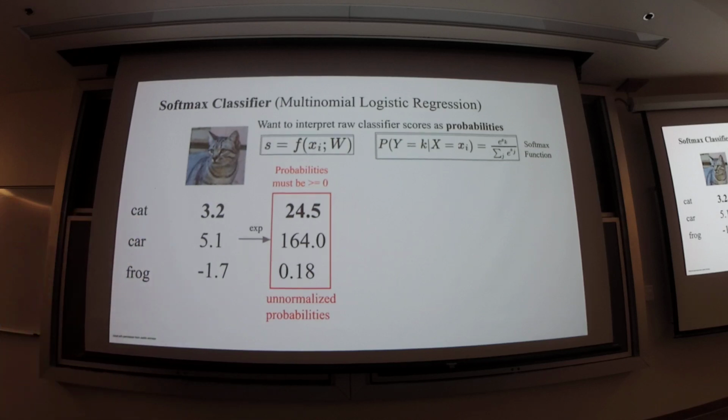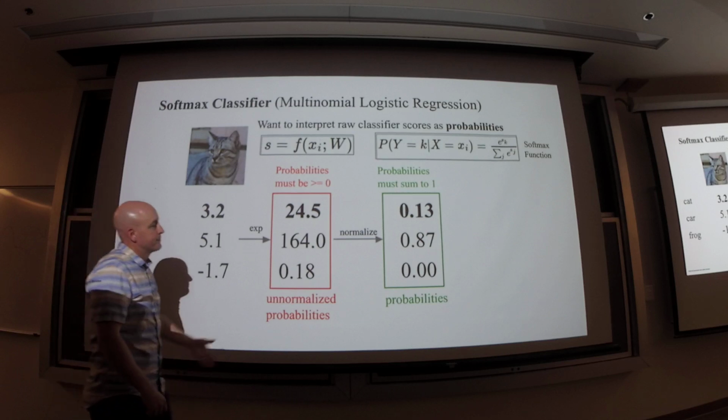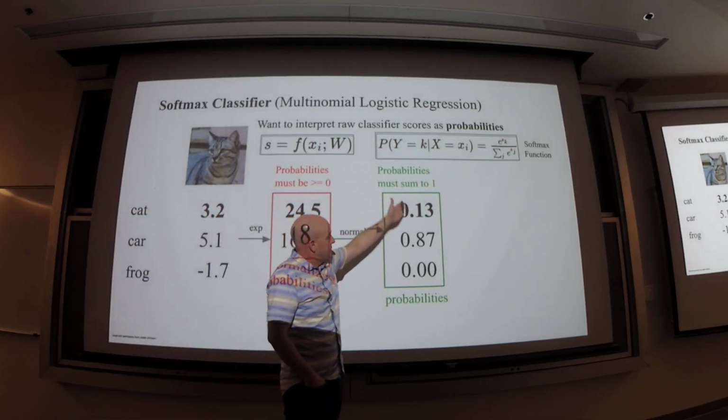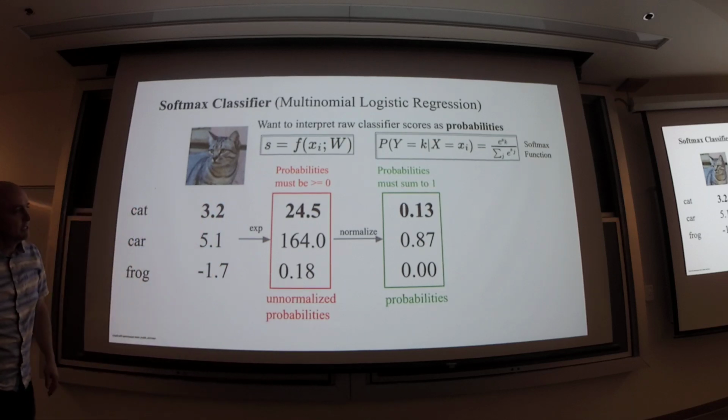We do that because that makes all of our scores positive. Once they're all positive, we can just divide by the sum of all of them and get a probability distribution, meaning all of the entries are non-negative and they sum to 1. So now we have a probability distribution.